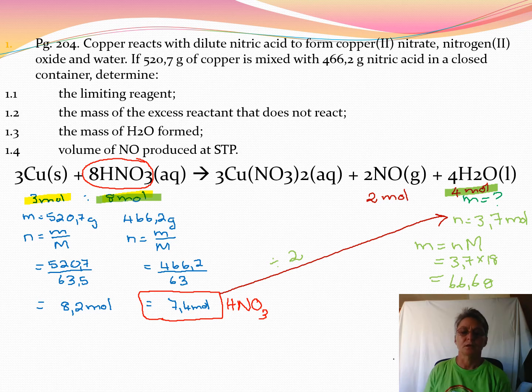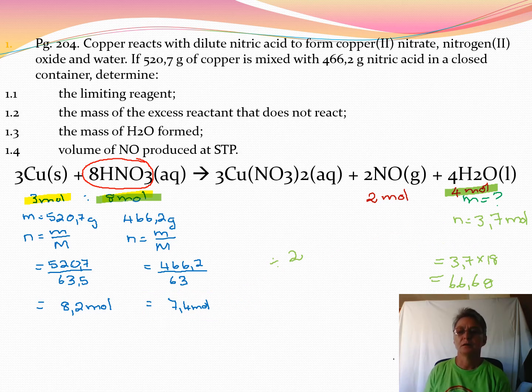So I need to make some space here. I need to divide by 2 to get the moles of nitrogen monoxide because of the ratio 2 to 4.